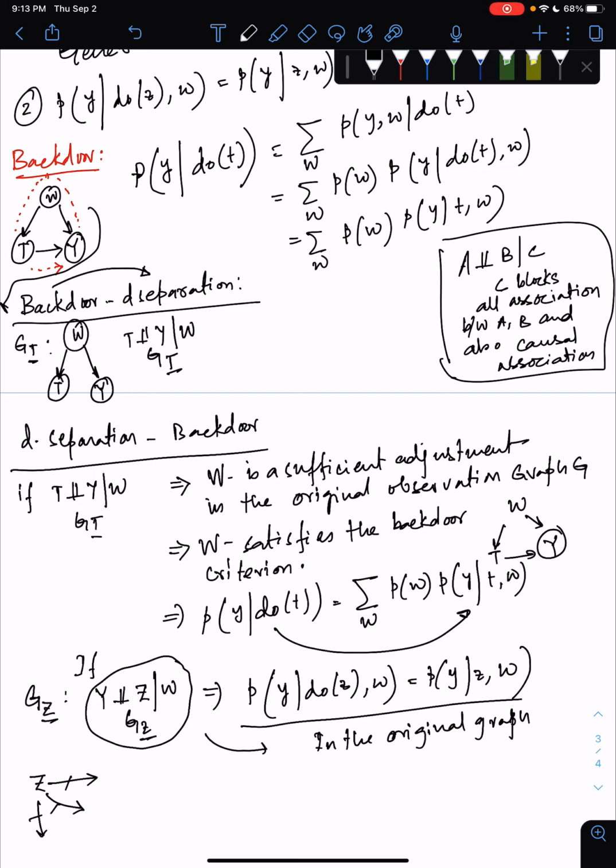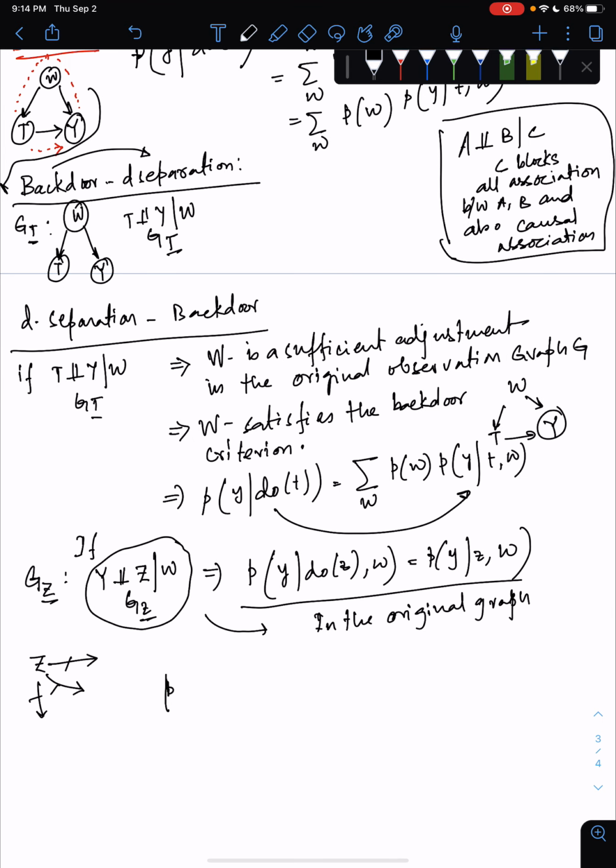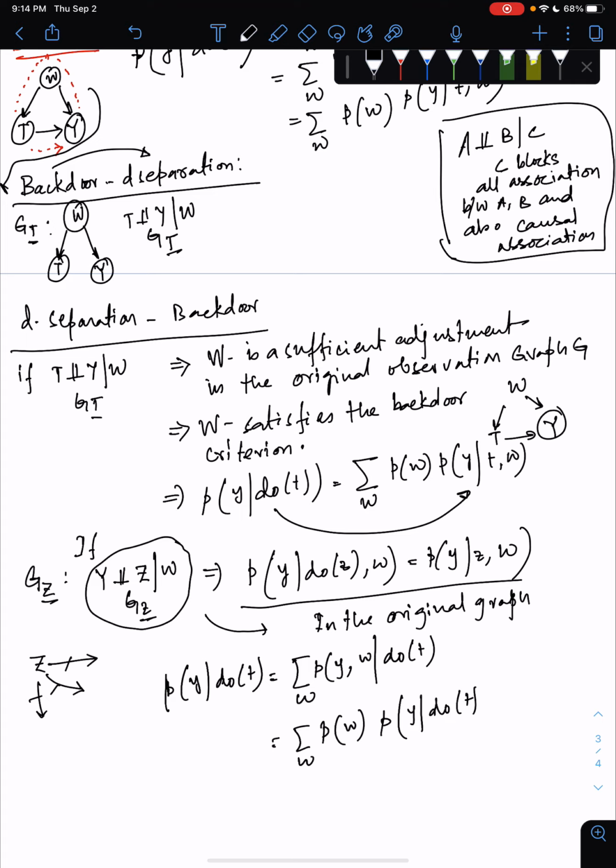Now you may say that there is no w here, so how is this equal to this, there is no summation. So y given do t is nothing but, if I do a marginalization with respect to w, do t, next is w, I'm separating out, using the product rule of probability, y given do t and w.